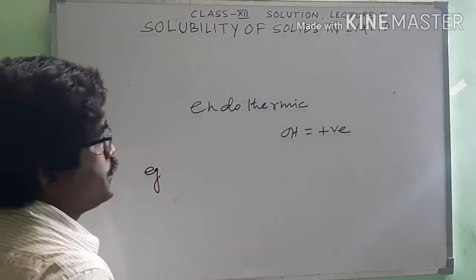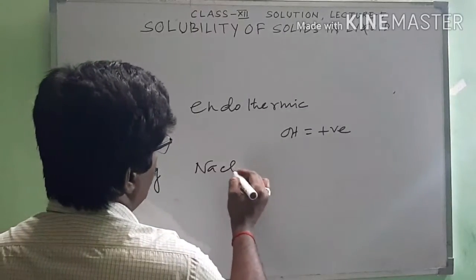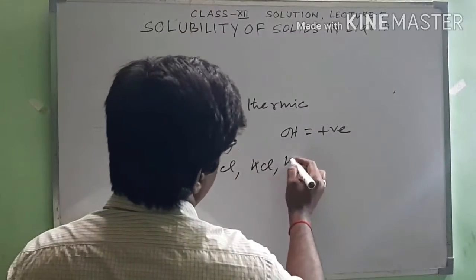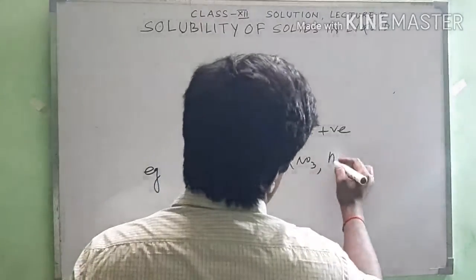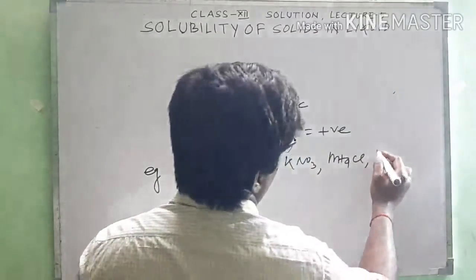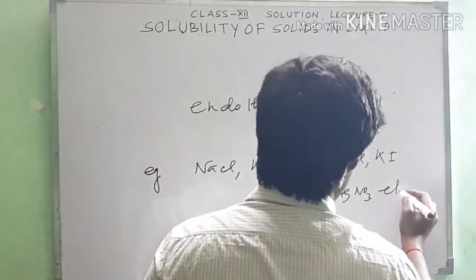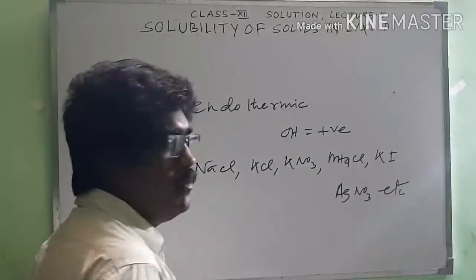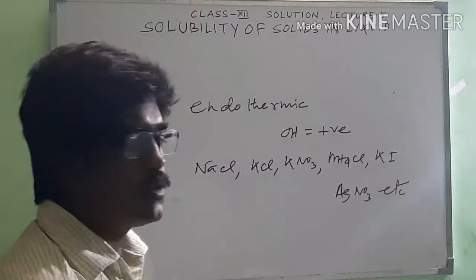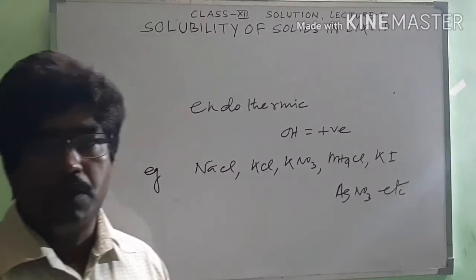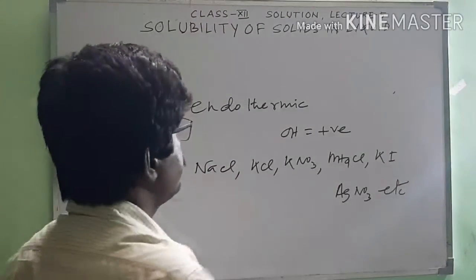You know that for NaCl, KCl, KNO3, NH4Cl, KI, AgNO3, etc., the solubility increases with increase in temperature.